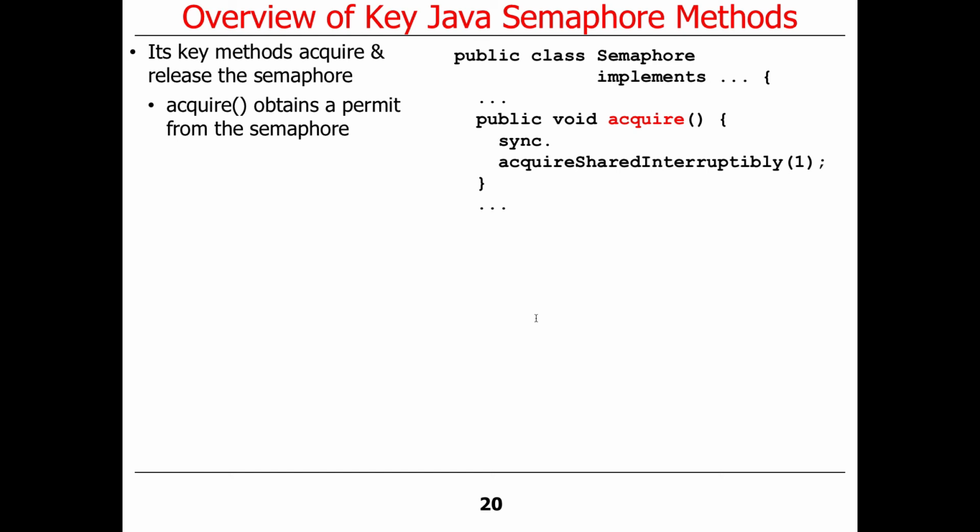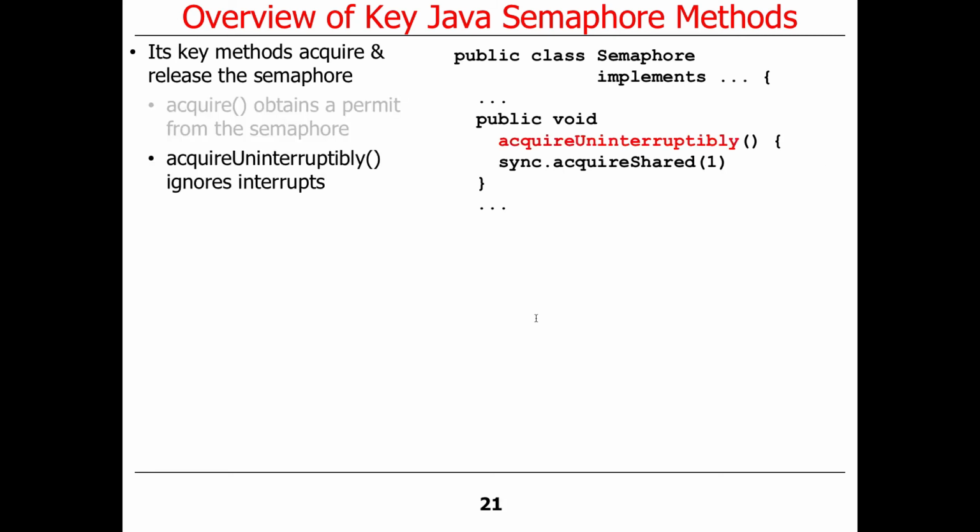All that means is if somebody were to interrupt that thread, and we'll talk more about thread interrupts later, if someone was to say to that thread, hey, please stop what you're doing and do something else, if you were blocked in acquire, that would cause an interrupted exception to be thrown. That's not always what you want. So the alternative approach is to use acquire uninterruptibly, which ignores interrupts. You can see acquire uninterruptibly calls something different, and it turns out that this will ignore interrupts. So if somebody tries to interrupt this thread, sorry, Charlie, we're just going to wait, which is sometimes what you want, sometimes what you don't want.